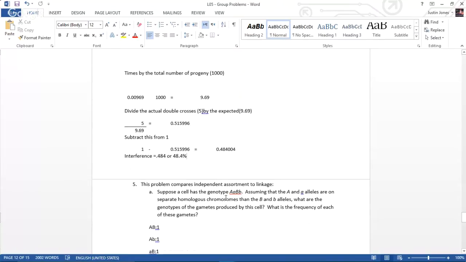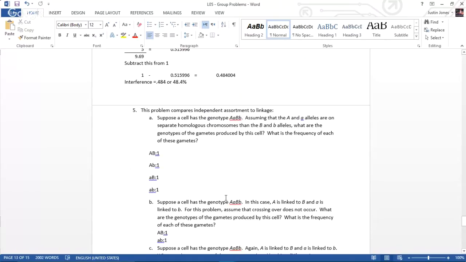Now this last question, a little different, a lot less workout. So let's go through this. Suppose a cell has genotype A, little a, B, little b. Assume that the two A's are separate homologous chromosomes from the B and b. So what are the genotypes of the gametes produced by the cell?